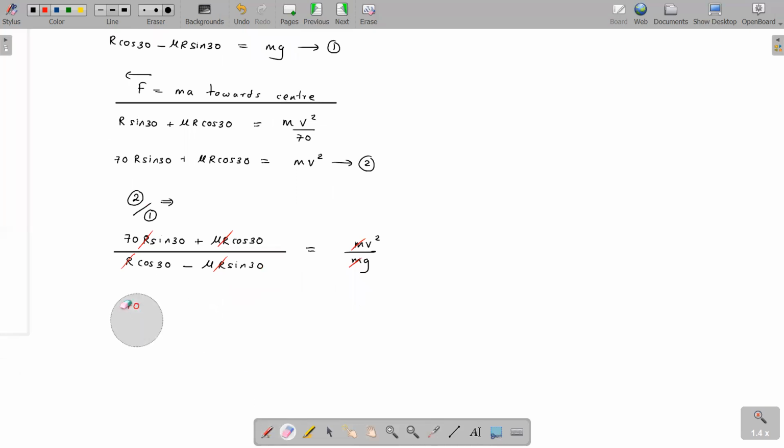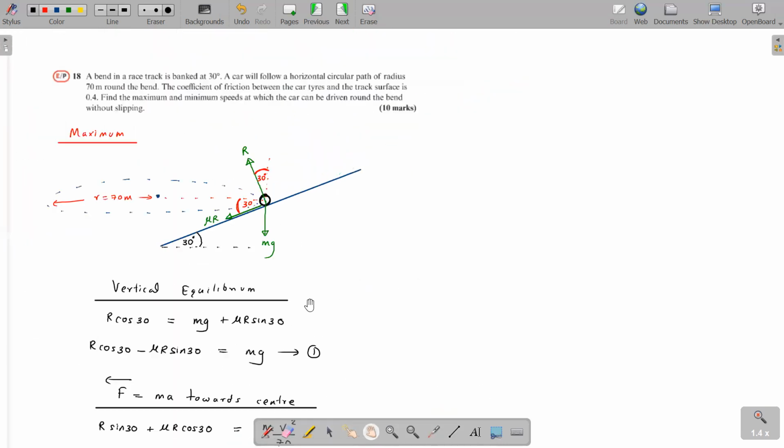70 sine 30, which you can give in the calculator, plus mu, the value was given in the question. Mu, the coefficient of friction, is 0.4.